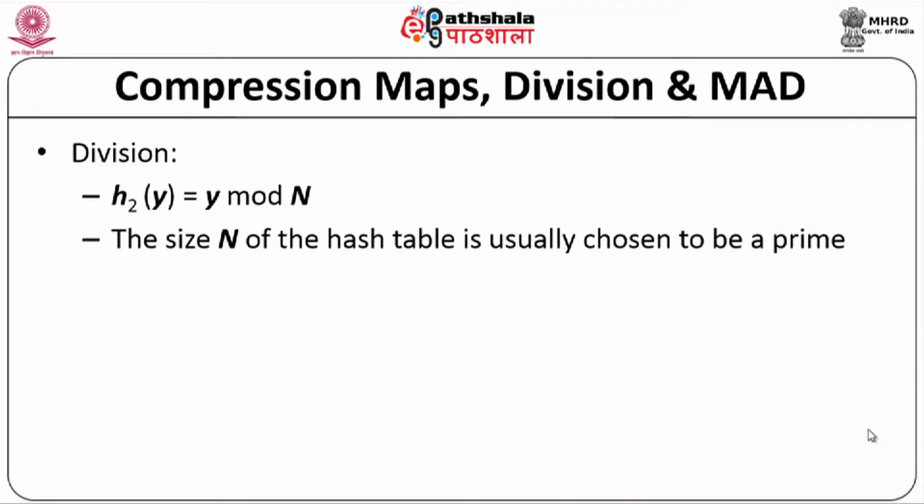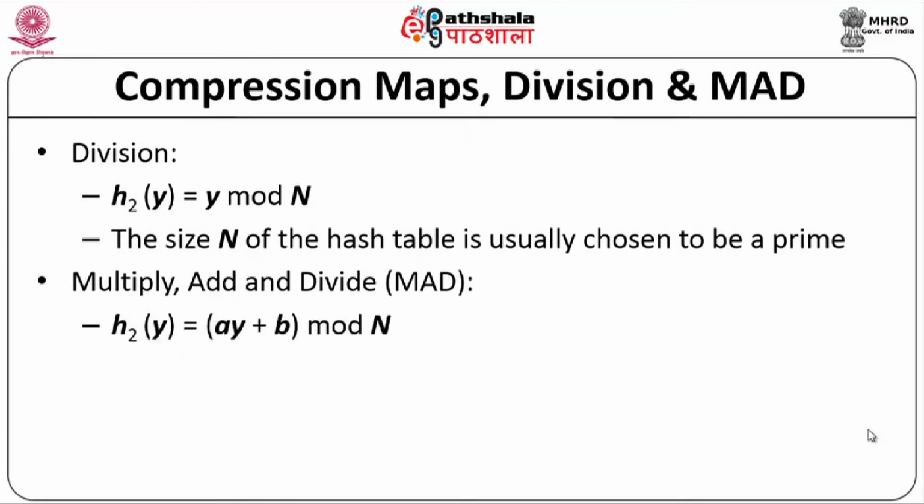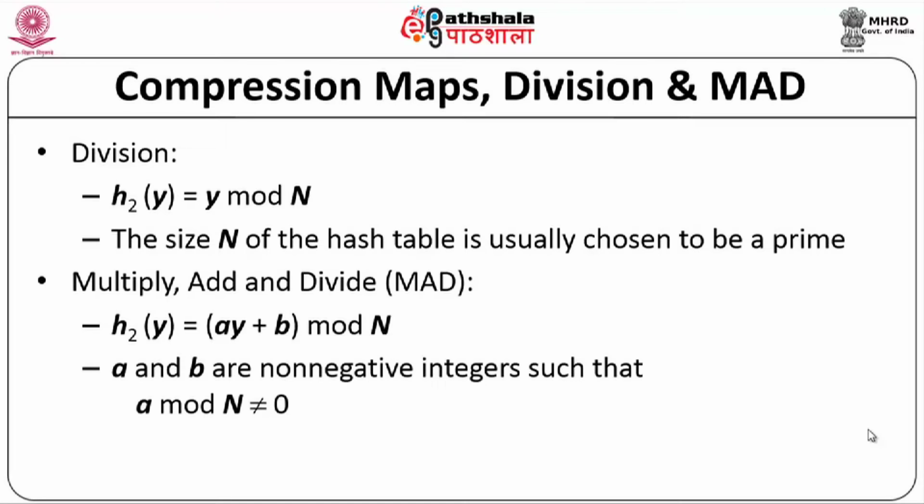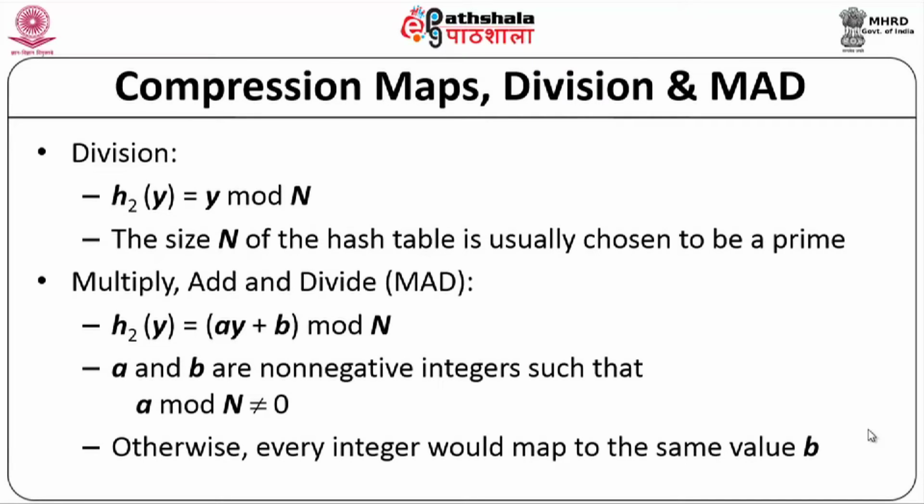The size n of the hash table is usually chosen to be prime. We are the people choosing the hash table size, usually chosen to be prime, so that this works out properly. Another method is multiply, add and divide, called MAD. Here you have (ay + b) mod n, where a and b are non-negative values that you choose, in such a way that a mod n is not equal to 0, otherwise every integer would map to the same b.